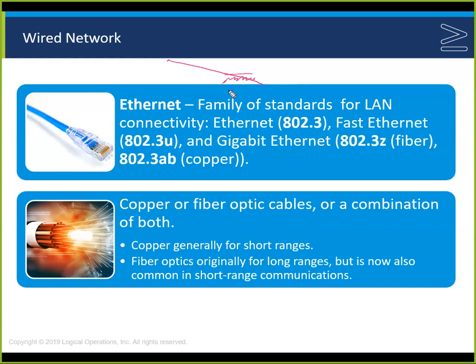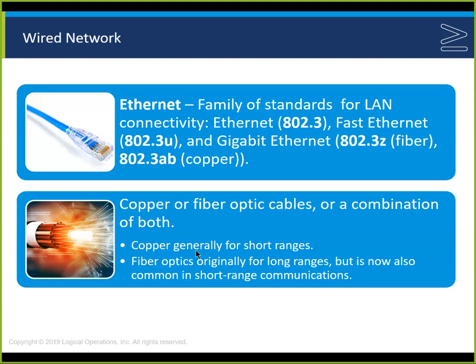In fiber, we don't have this noise issue, so we can go a lot farther before we have to regenerate the signal. Eventually, we have to regenerate the signal, not amplify, but repeat. The repeater renews the signal, brings it up to its original strength, so it can do the same thing again.